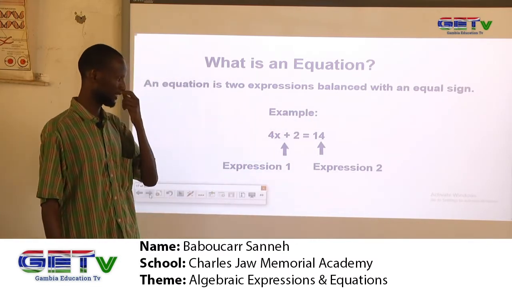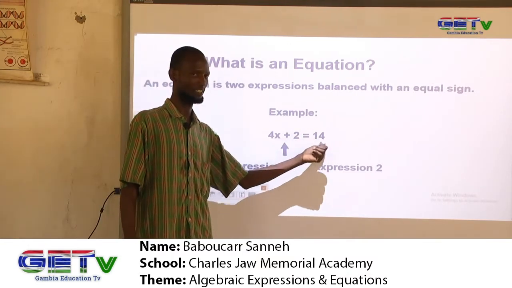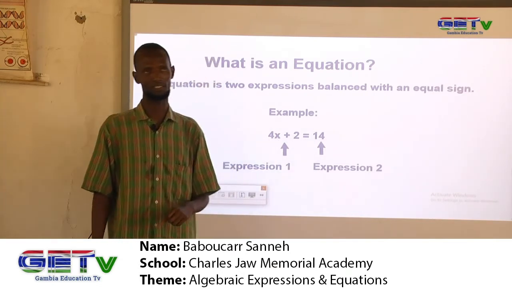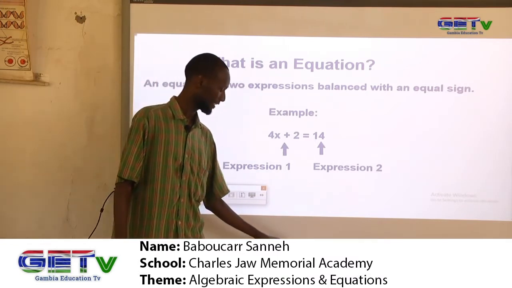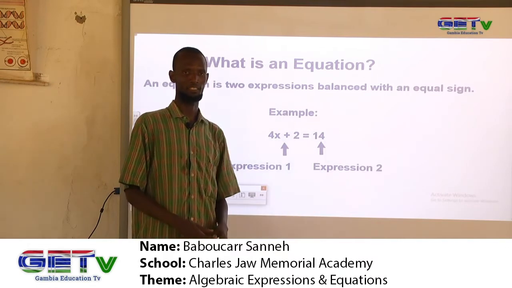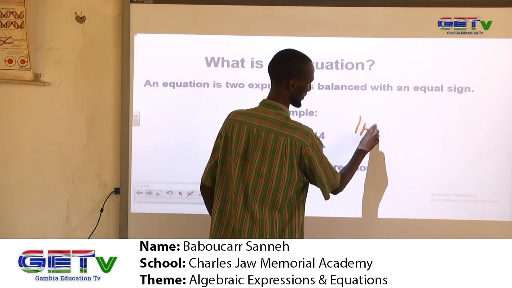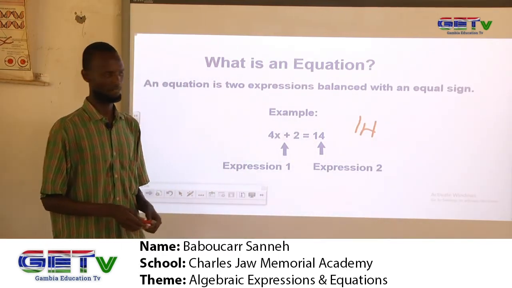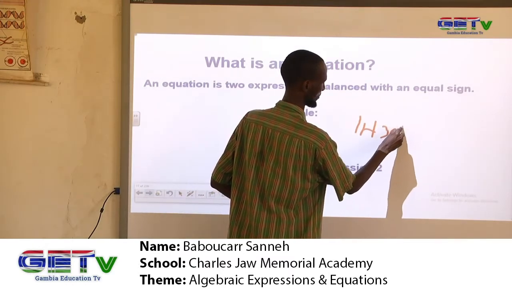Now, I'm sure you'll be asking in your head, how come 14 is an expression? We have just said that an expression must contain numbers, variables, and at least an operation. And clearly, there is no variable visible in 14. But let's recall our indices. 14 is the same as writing 14x to the power 0.